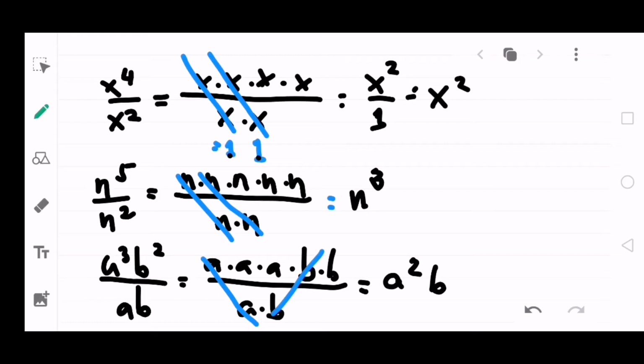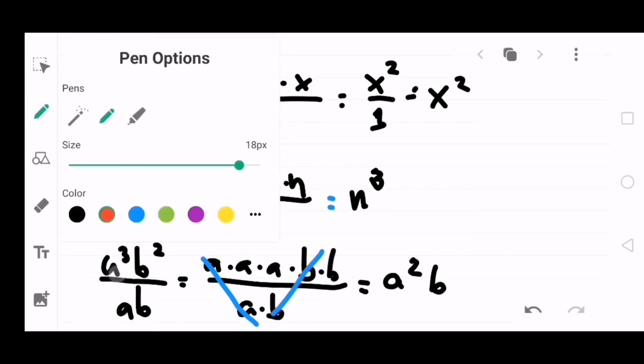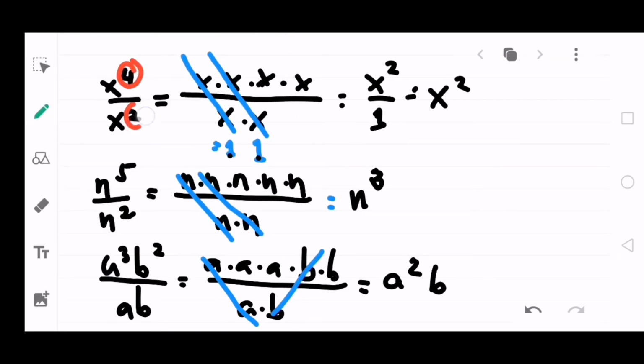Now, try to observe again what happens to the new exponent that we have, to the exponents of the given expressions that we are dividing. Now, notice 4 and 2, and it results to 2. 5 and 2, it results to 3. 3 and 1, it results to 2. 2 and 1 for this, it results to 1.